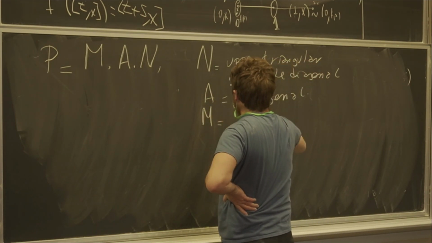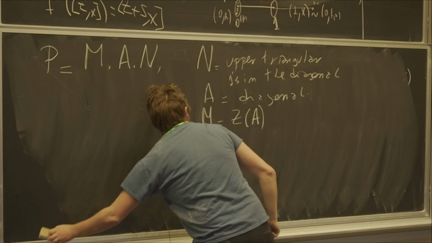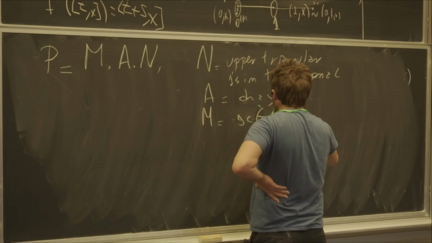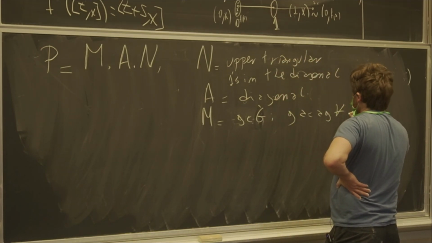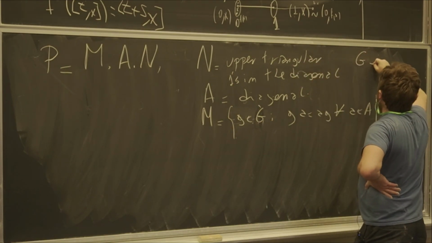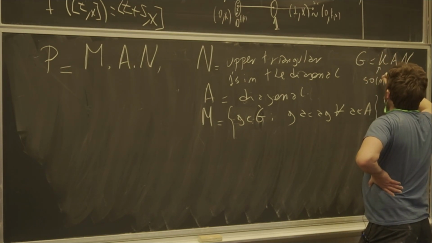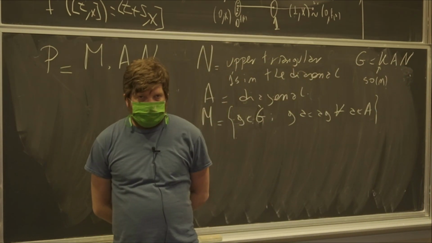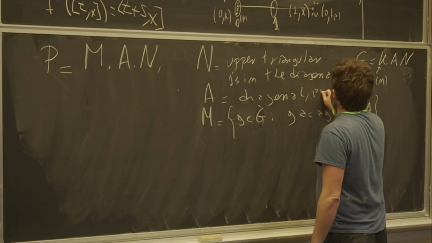And M is the centralizer of A in G, so these are the g in G such that g a = a g for every a in A. Remember G is KAN, and K is SO(N). For this A, the diagonals are positive. Yes, positive matrix.